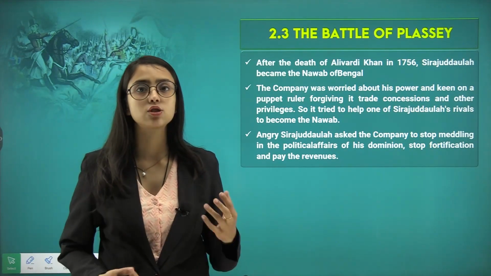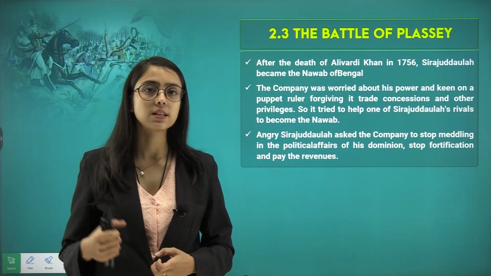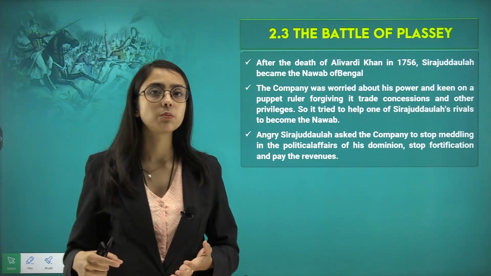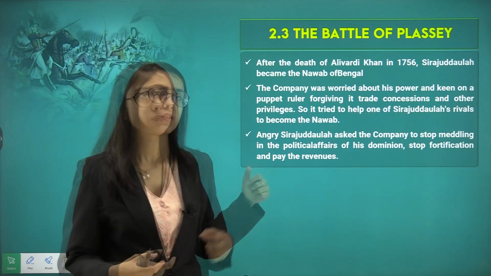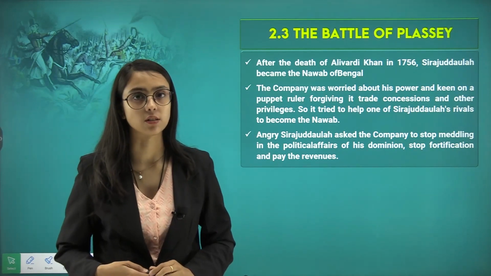Of course Sirajudullah was angered because it was not the British and the East India Company's place to meddle and play politics. So he asked them to pay revenues and stop the fortification.